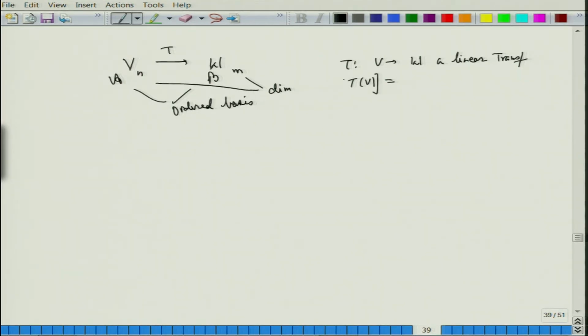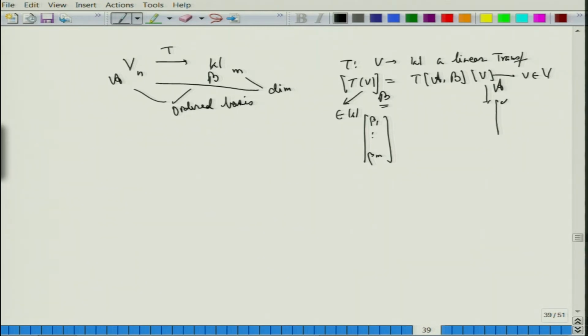but if I want to write it in terms of B, so T(V) is an element of W, so I can expand it in terms of elements of the basis of W. So since it is dimension m, this vector is going to look like some beta 1 to beta m, and we wrote it as T of AB here, and then V is an element of capital V. So there is a basis A here, and this has n components, so you have got alpha 1, alpha 2, alpha n.